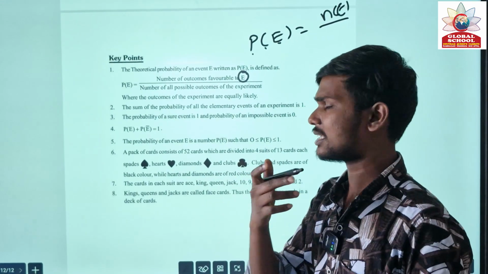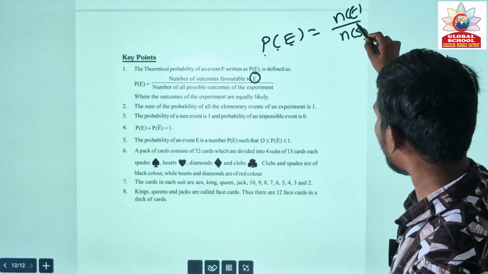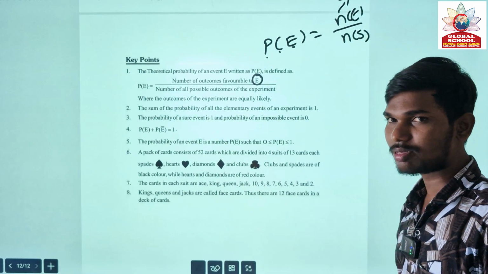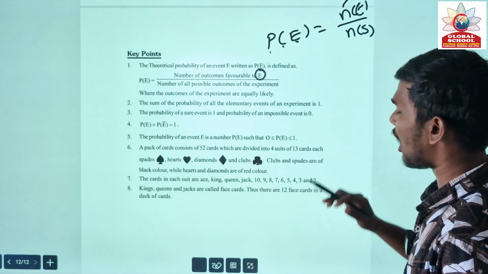So it is represented as P of E is equal to N of E by N of S. N of E means number of favorable outcomes of event E, and N of S means number of possible outcomes.